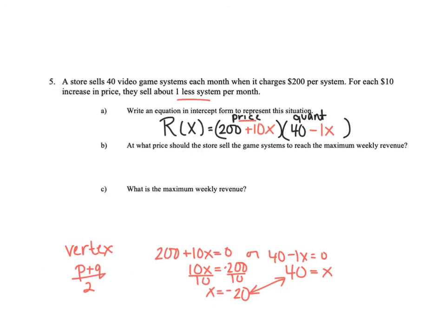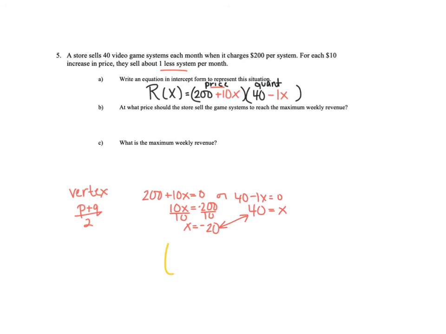To find my vertex, I add them together and then chop them in half. Negative 20 plus 40 cut in half would be 10. This would be 20 divided by 2. So 10 price changes, and then how do I get the y value? Well, I do r of 10.